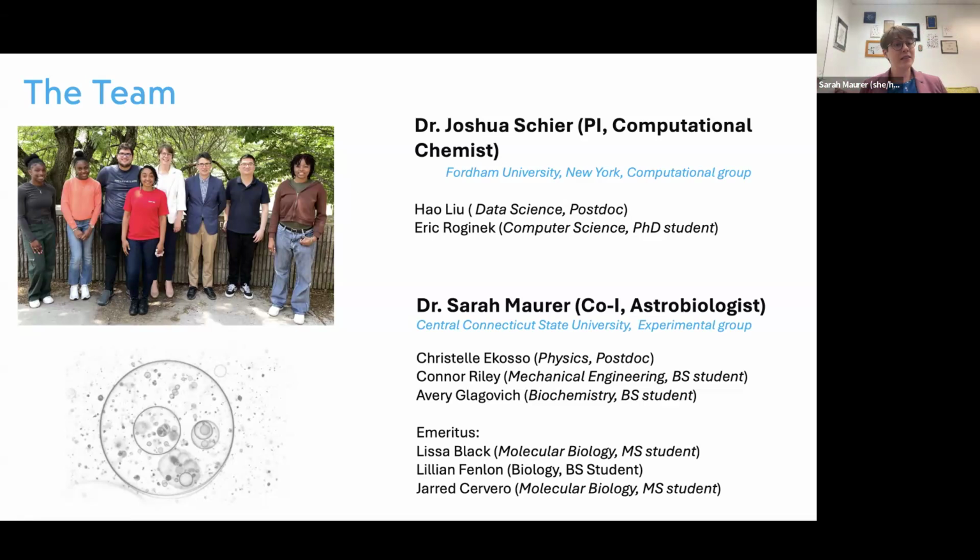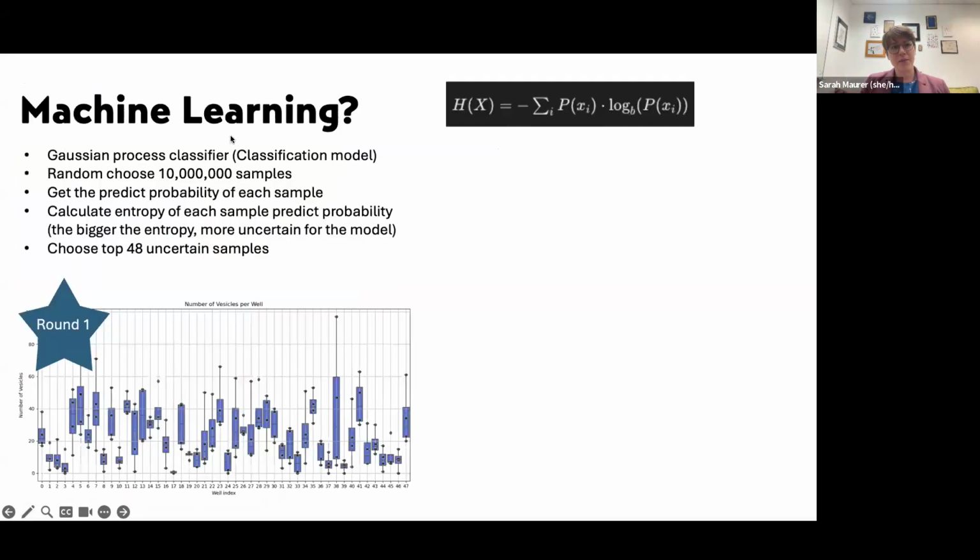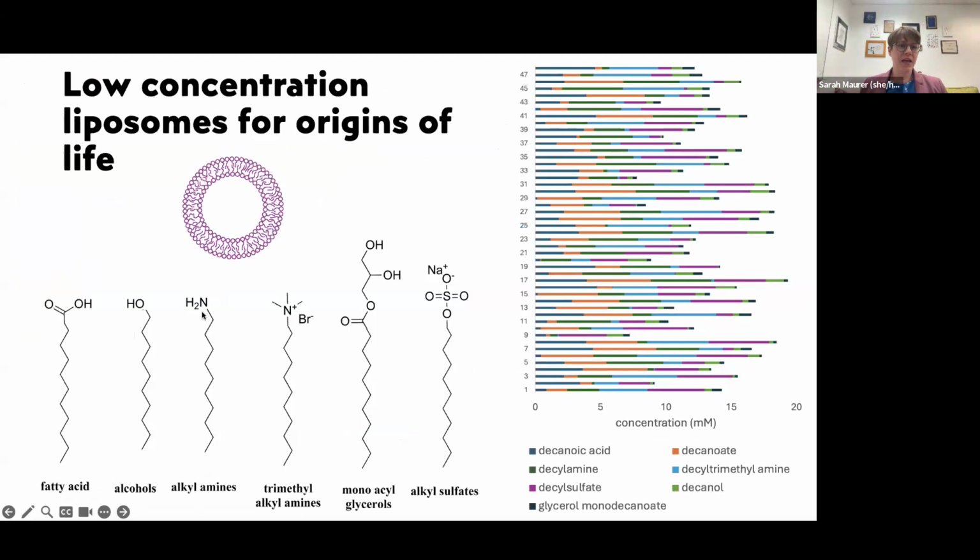But the decyl amine, so the primary amine, has a pKa of about 9.3 or 9.4. So in the samples that we have here, the primary amine is actually protonated. And if we took the pH up to 10, then we would see a deprotonated form. But I think we were trying to work in a more neutral range of pHs.